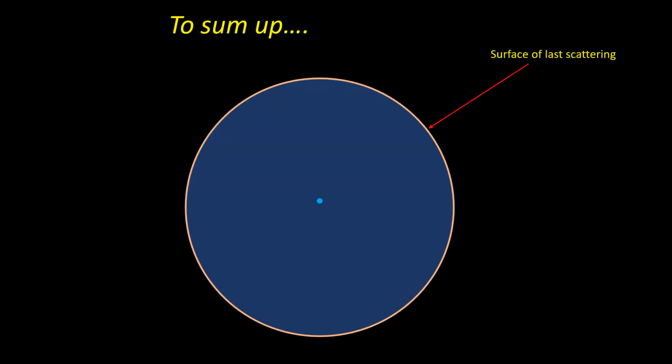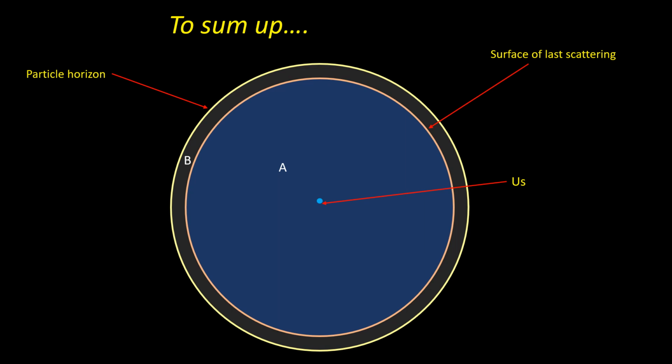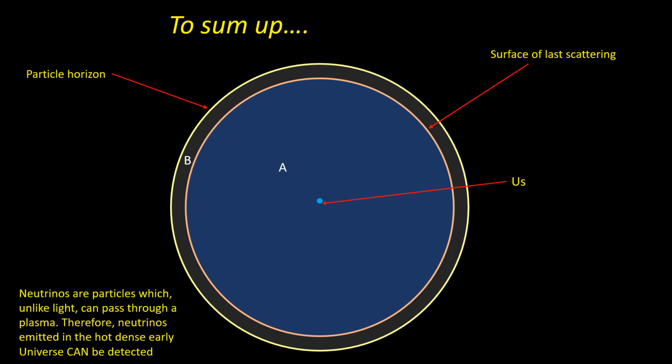So just to sum up, the surface of last scattering is a spherical shell which is the greatest distance which light emitted by an object in the past can reach us. We can only see light from objects within the surface of last scattering. The particle horizon is slightly further away. So there are a few things such as neutrinos which pass straight through the early universe.